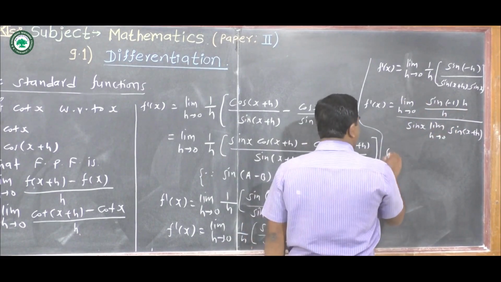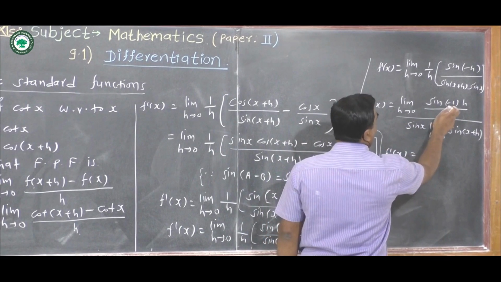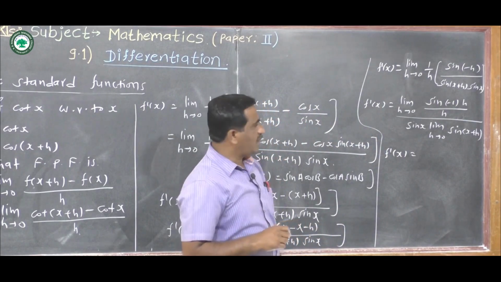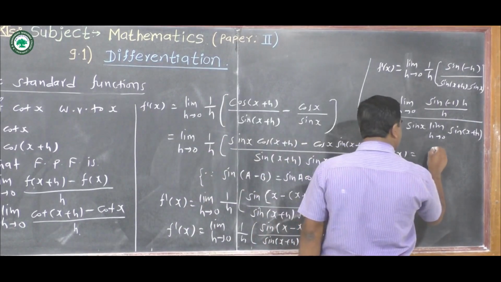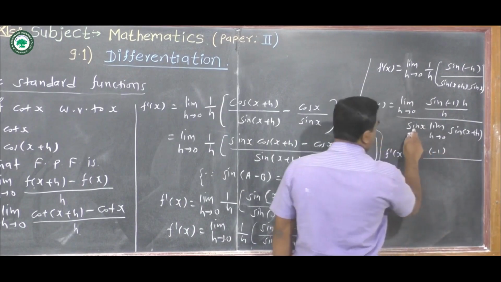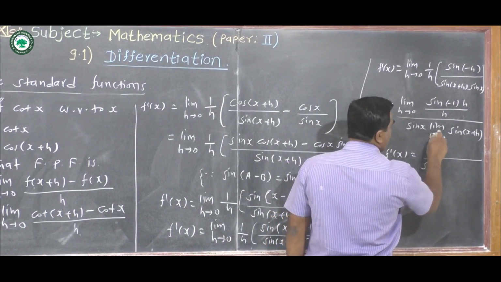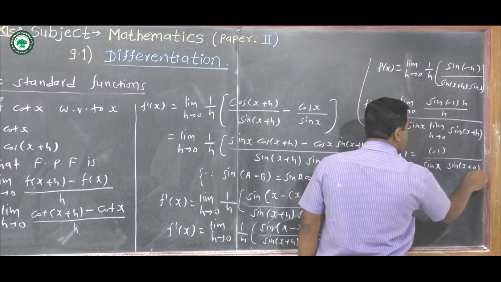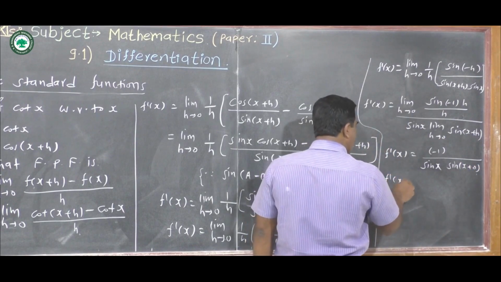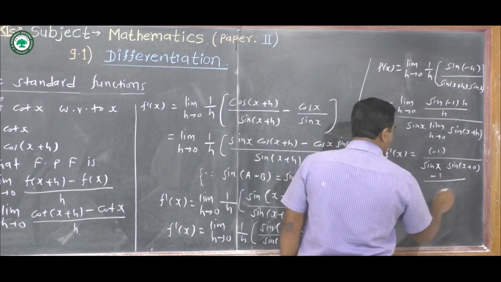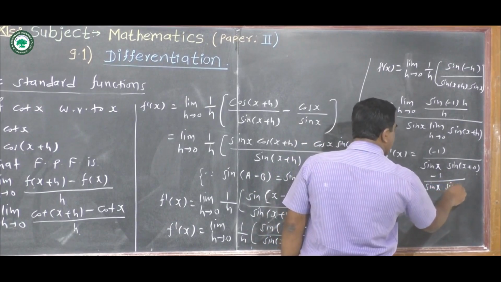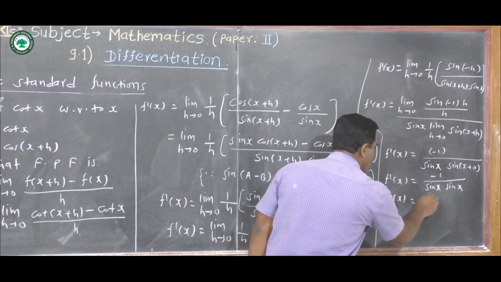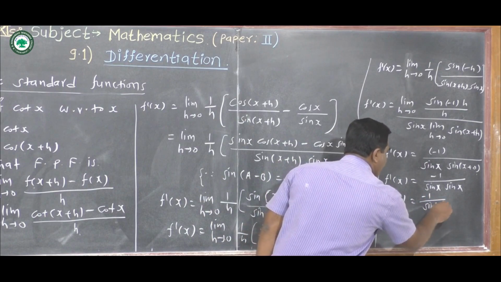Therefore f dash of x is equal to the value of limit h tends to 0 of sin of minus 1 into h upon h, which means minus 1, divided by this sin x, constant as it is. We can put here h equal to 0, then we get sin of x plus 0. Okay, that is we get f dash of x is equal to minus 1 upon sin x into sin x, that is f dash of x is equal to minus 1 upon sin square x.